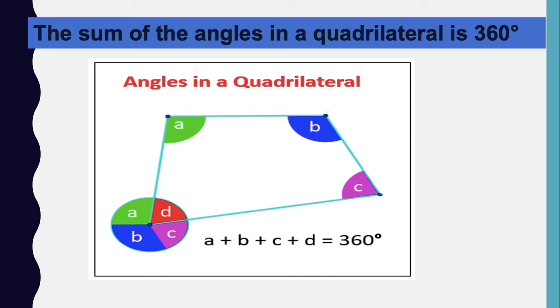See, angle A plus angle B plus angle C plus D are around a point, right? So the sum of these angles is 360 degrees. Likewise, the sum of the four angles of a quadrilateral is always 360 degrees. That is the next point: the sum of the angles in a quadrilateral is 360 degrees.